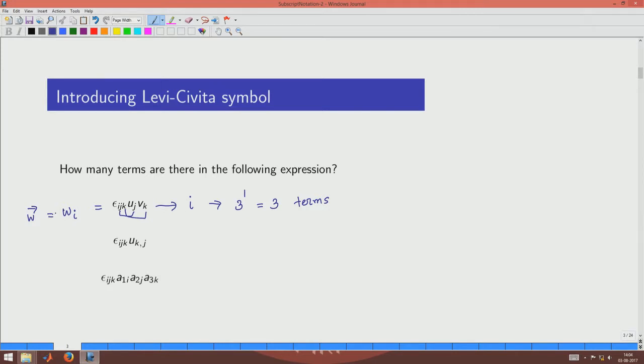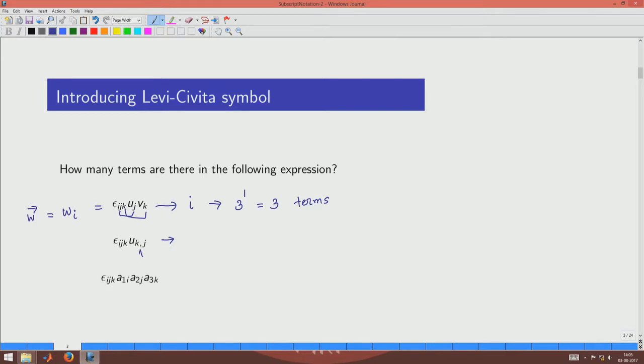Okay. So, we have used epsilon as a symbol to change the indices of u and v into the index of w, and there must be a relationship between the 3 vectors u, v, w. What that relationship is will be evident a little while from now. Look at the second expression. In the second expression we are using a differentiation because there is a comma out here.